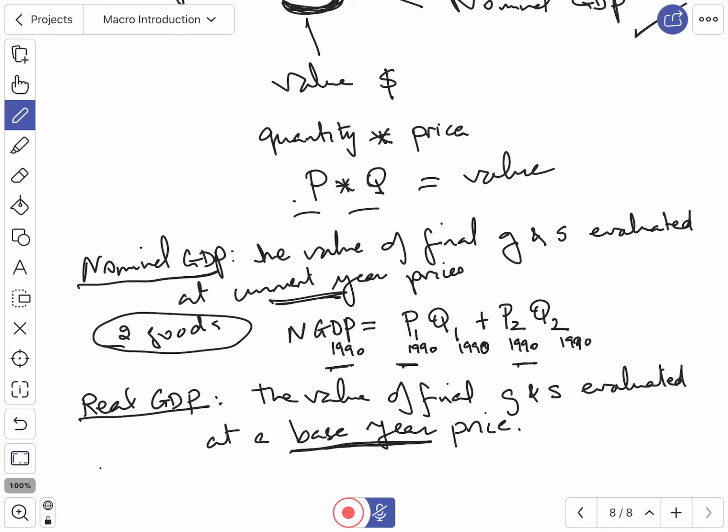So again, I have two goods, right? And suppose my intention is to compute my real GDP of the two goods, and again it's the price of good number 1 times the quantity number 1 plus price of good number 2 times the quantity of good number 2.